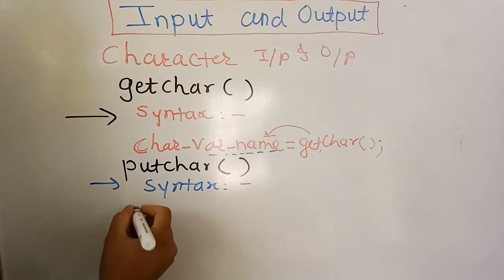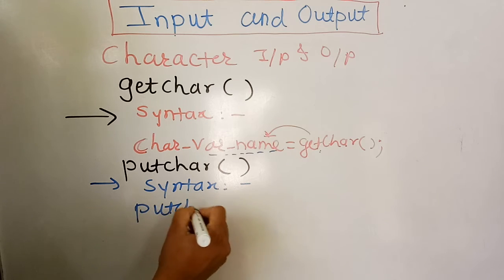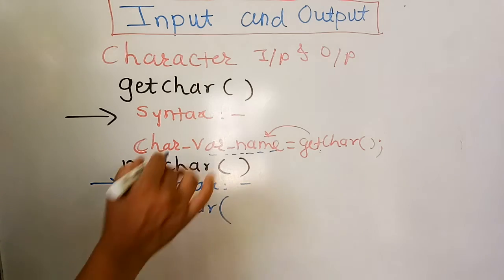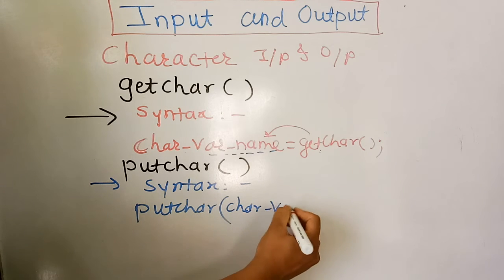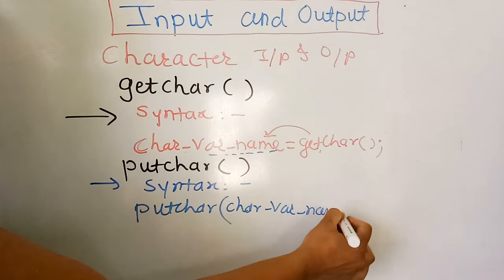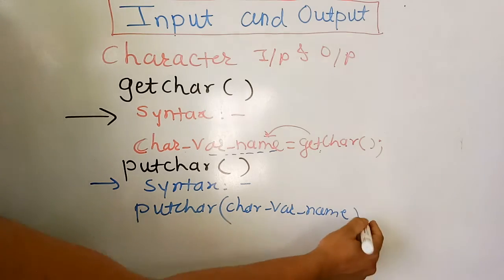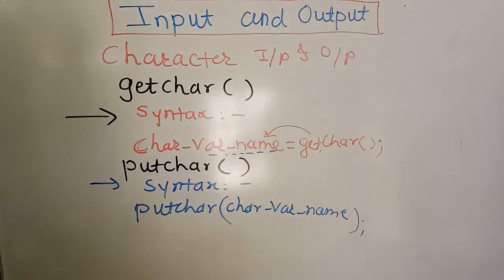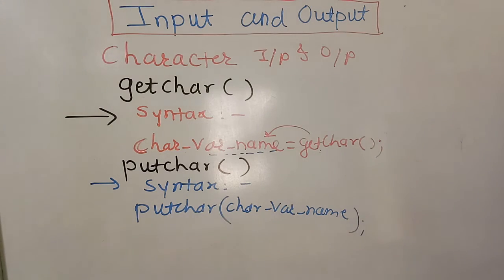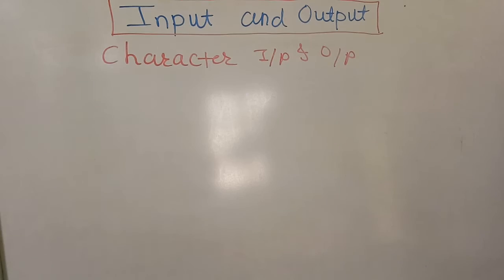What is the putchar syntax? You write putchar, and the value held by the character variable name is passed to the putchar function, which prints the value of this character variable. So these are the basic mechanisms behind the getchar and putchar functions.